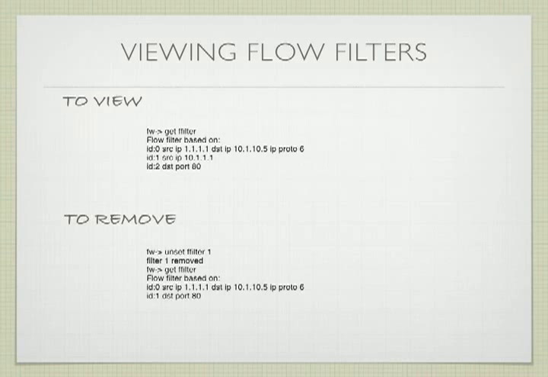So this will remove filter number 1, and as you can see when we get the filters now, the old filter number 1 with a source IP of 10.1.1.1 is gone, and the old filter number 2 is now filter number 1, destination port 80.